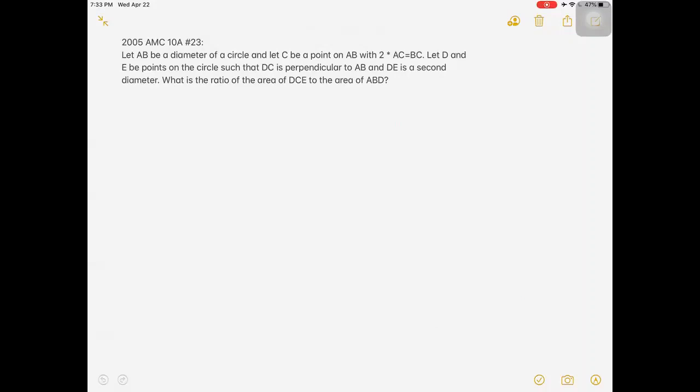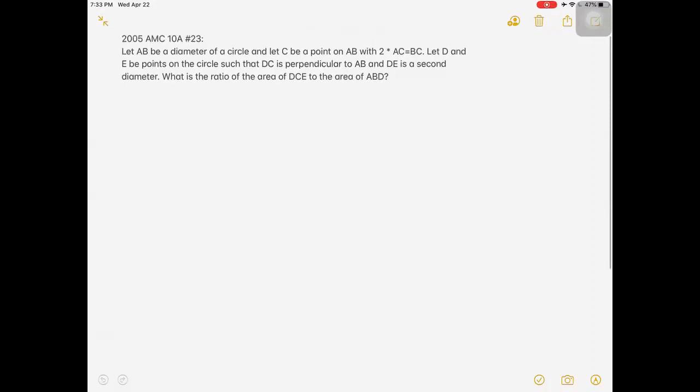So this question begins, let AB be a diameter of a circle, and let's just first draw a circle first. This is why I need to get better at drawing stuff. Okay, we're just gonna pretend there's a circle.